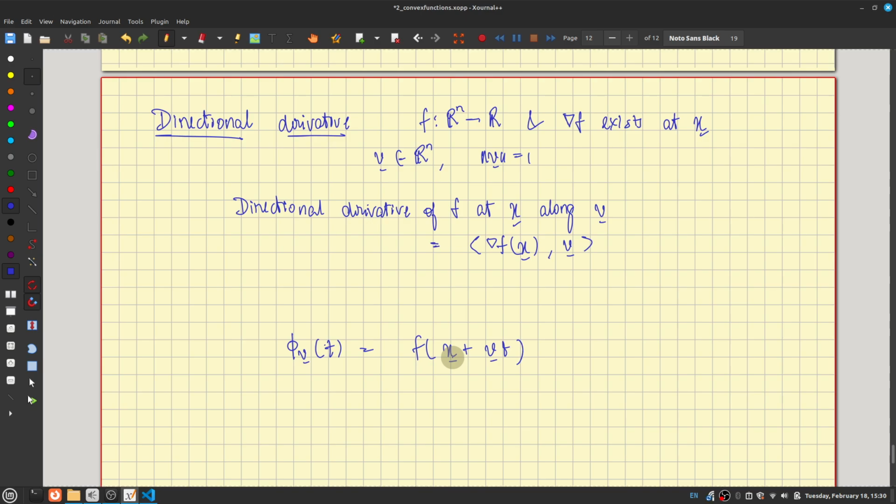Essentially I'm picking a point, I'm picking a direction, and I look at this one dimensional function phi of t, which is the function f along this particular direction. So it's like taking the function and taking a slice of that particular function.